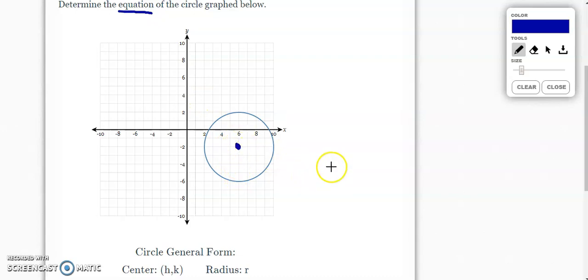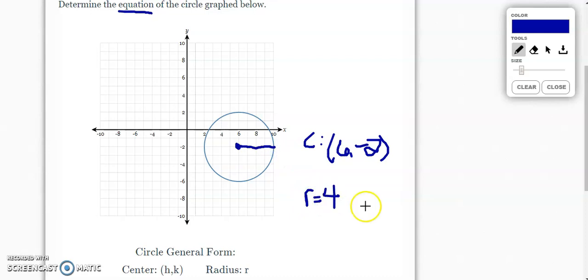That's at 6, -2. So what I might do is make a note. All right, the center is at 6, -2. Okay, got that. And then what I want to do is figure out what is the radius. 1, 2, 3, 4. R is equal to 4.